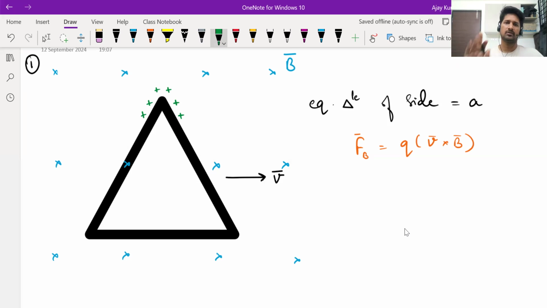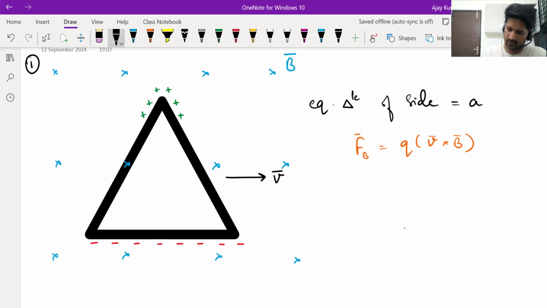So automatically some positive charge will be left. And V cross B is upward. Positive charge experiences force in that direction. Negative charge experiences force in the opposite direction. As a result, the conduction electrons that are there, they will come down like this. You will see a charge separation happening.